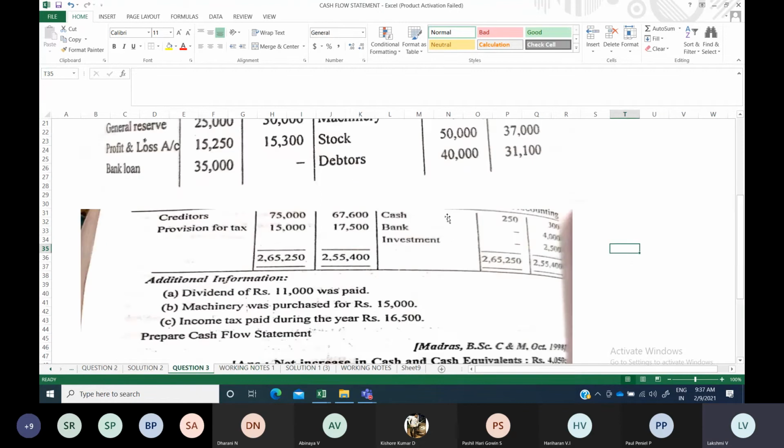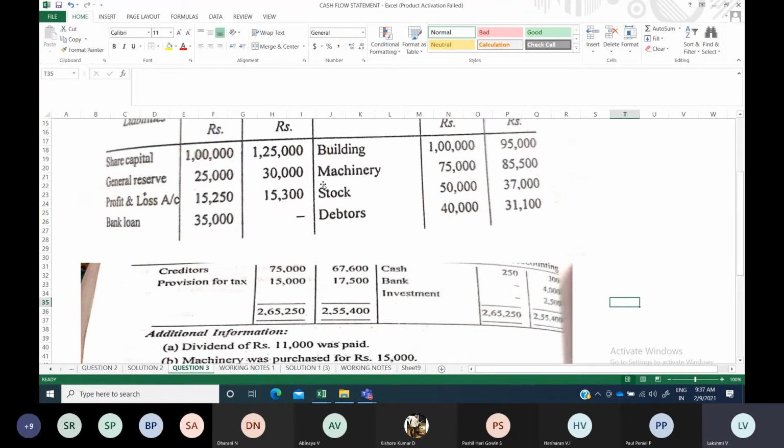Building we cannot show. Machinery, investment. For investment, when there is no amount in the previous year and an amount in the current year, it means they have purchased it, a purchase of investment. If an amount is there in the previous year and nothing is there now, it means they have sold out that investment. So you should understand by comparing the amounts.